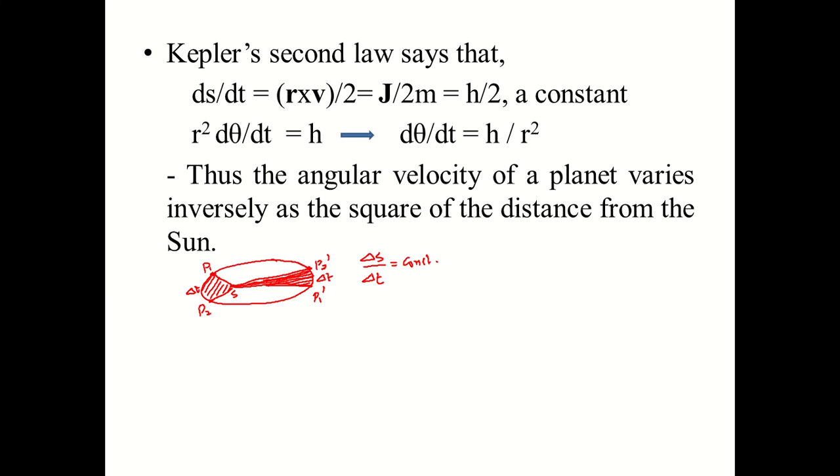But delta S, the area, if you consider this distance is delta r and this is r, then this shaded area delta S is almost like a triangle, so its area is half into r cross delta r. It's a vector. So delta S by delta t will be 1 by 2 into r cross delta r divided by delta t.